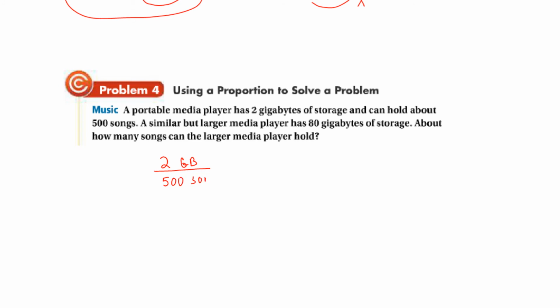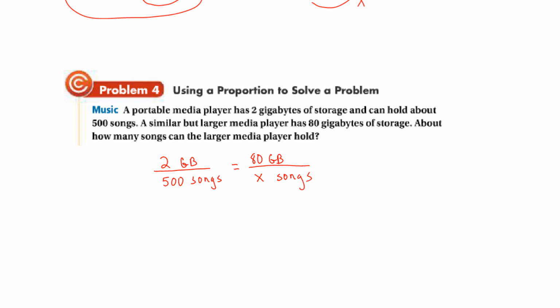So I have gigabytes on the top, songs on the bottom. The larger media player has 80 gigabytes of storage, so I'll put the 80 gigabytes up here on top because that's what's on top in my ratio on the left side. And what I don't know is how many songs it will be able to hold.